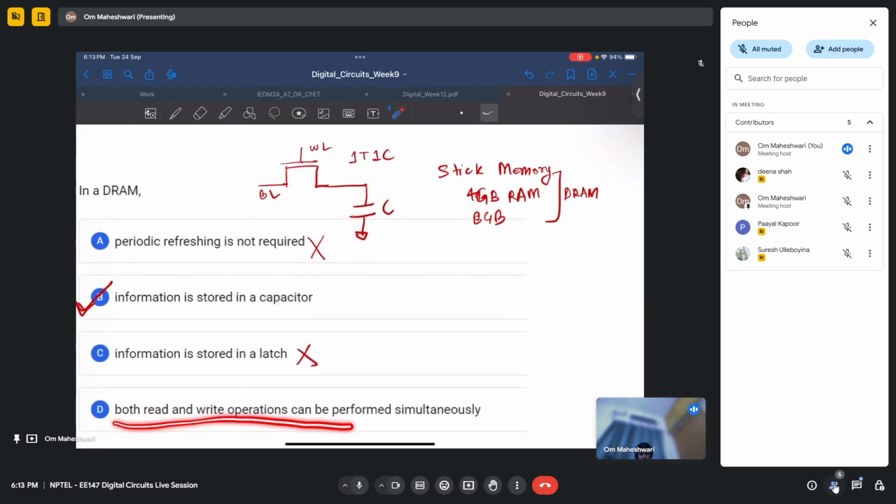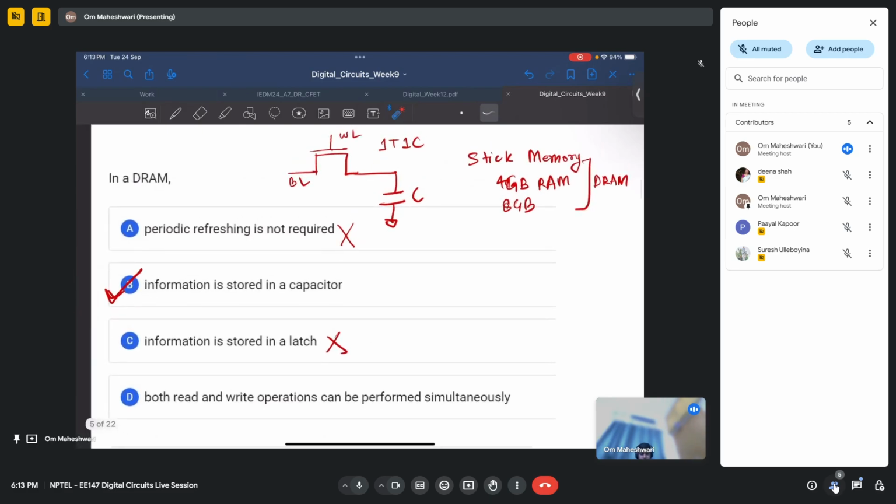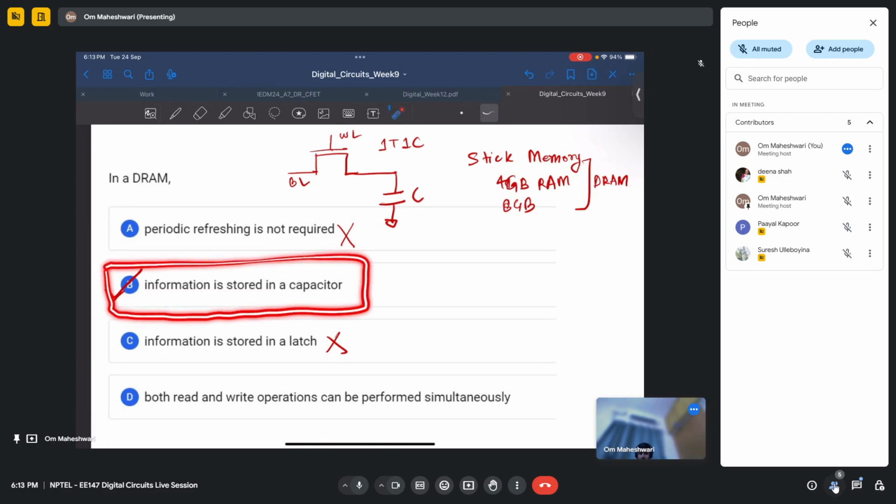Both read and write operations can be performed simultaneously: this is not true because you access this capacitor one operation at a time, so you cannot simultaneously both read and write. So the correct answer is that in a DRAM, information is stored in a capacitor.